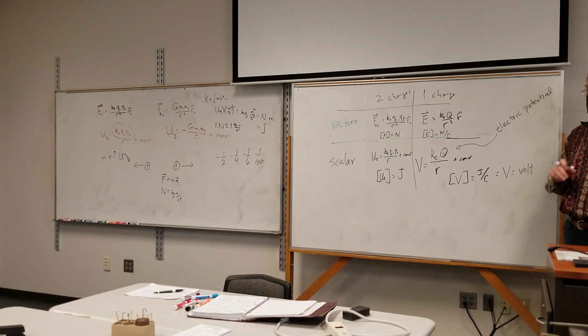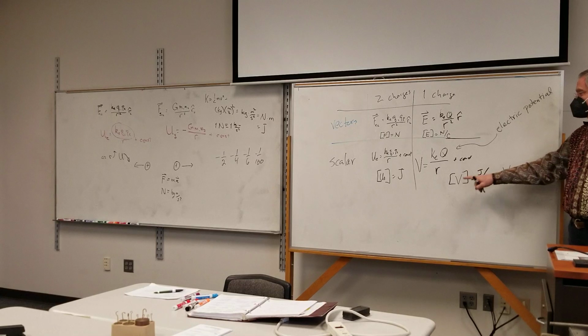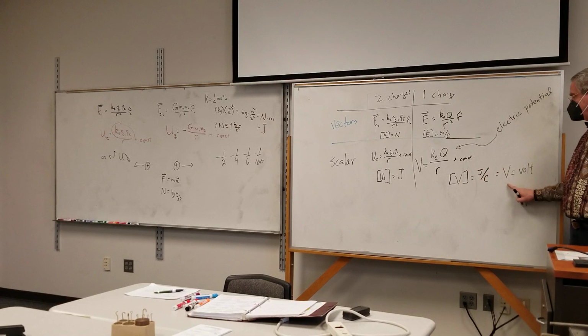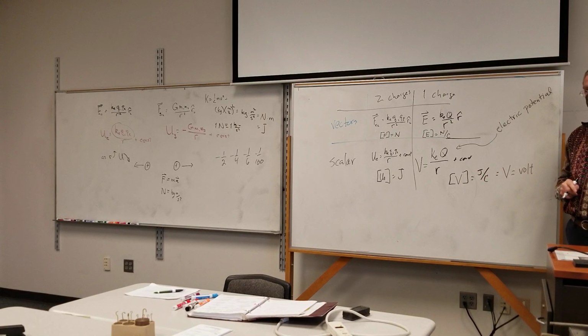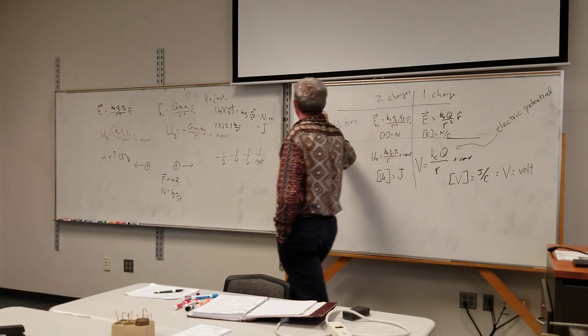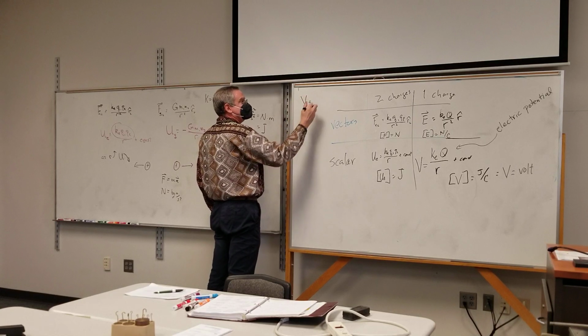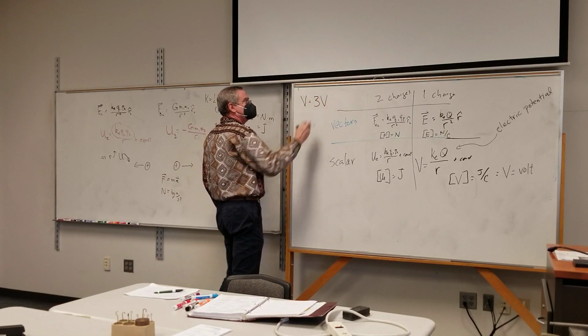Voltage is related, but I have not talked about voltage yet, other than my disclaimer. Unfortunately, the symbol for the quantity and the symbol for the unit are the same. They're both capital V's. So in physics, I could write, and this is a legitimate physics statement, that the electric potential is equal to 3 volts.